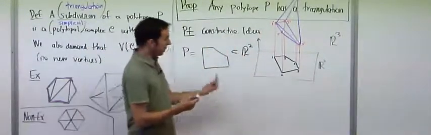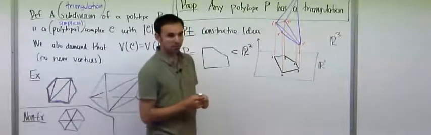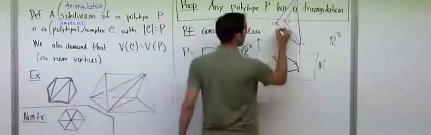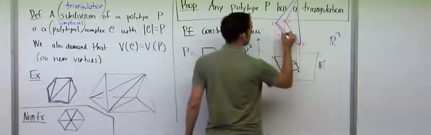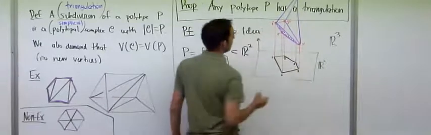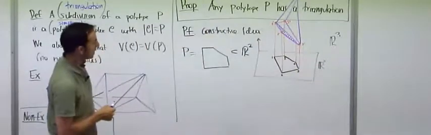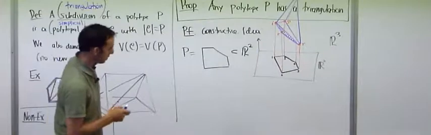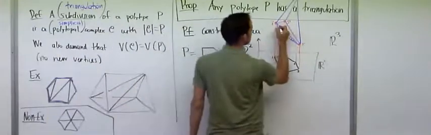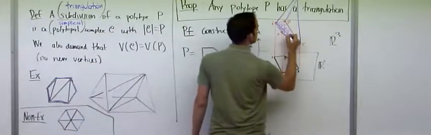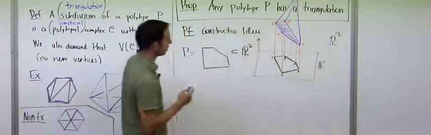From below, I can see the face 1, 2, 3, right? Let me shade that one in. This is dangerous to shade in, but maybe if I'm careful, it'll be okay. What else can I see? I can see 1, 3, 5. What else can I see?